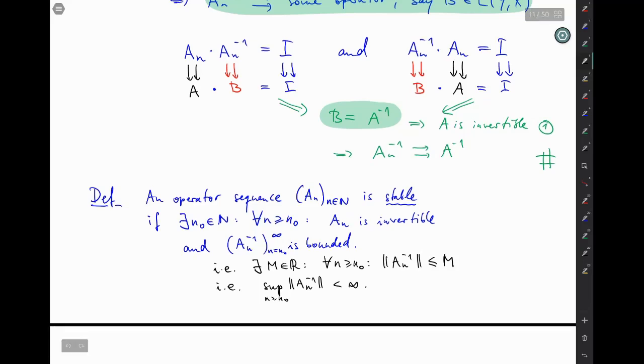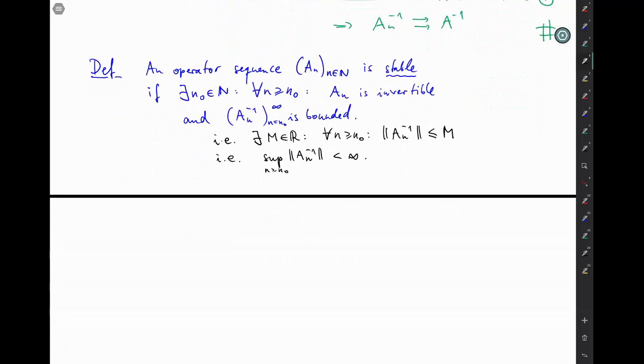So if you want to draw something here, then this would probably be the following graph, where this is your n-axis, where your index is running, and this is where you put your norm of the inverse. And if an operator is not invertible, then we sometimes say its inverse is just infinitely large. So we could say that infinity is the end of that axis, and that for cases where n is less than n0, sometimes A_n might not be invertible.